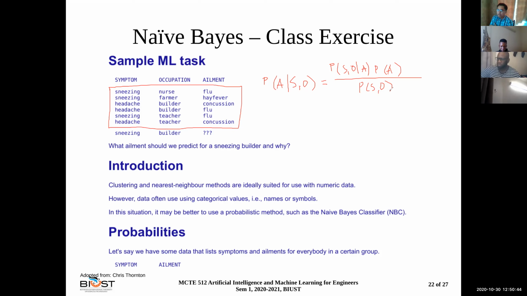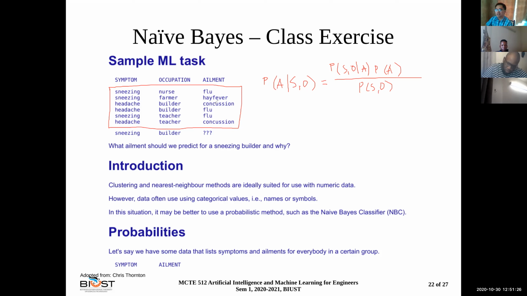How can we solve it? What is the question here? What ailment should we predict for sneezing and a builder, and why? There are three types of ailments here: flu, hay fever, and concussion.